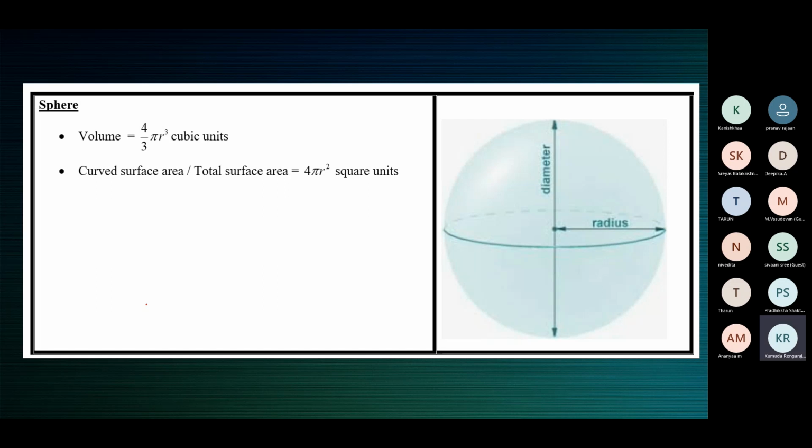Now tell me, what is the height of the cone? Oh, sorry, what is the height of the sphere? Diameter. What letter is used to represent the diameter?